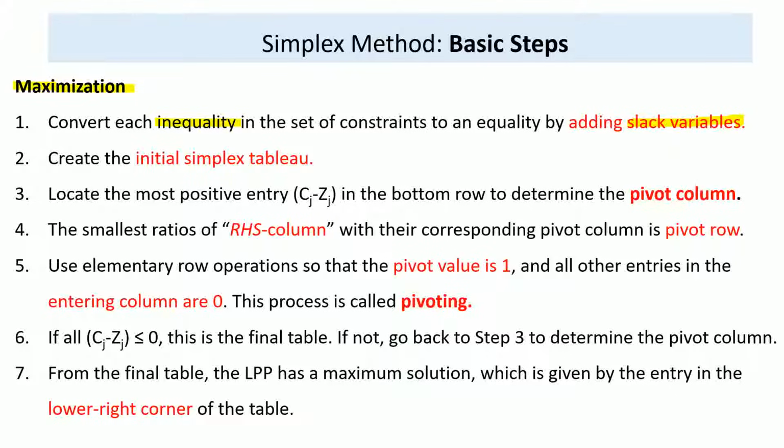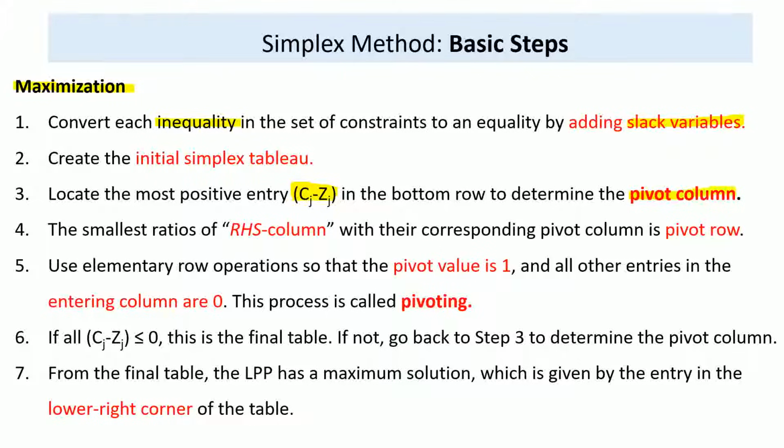After creating the simplex tableau, the next step is to locate the most positive entry of Cj minus Zj. By the way, Cj is the coefficient of the objective variables, whereas Zj is the product of the coefficients of the basic variables with the corresponding coefficients of each constraint. That means after multiplying, we have to add them in the bottom row.